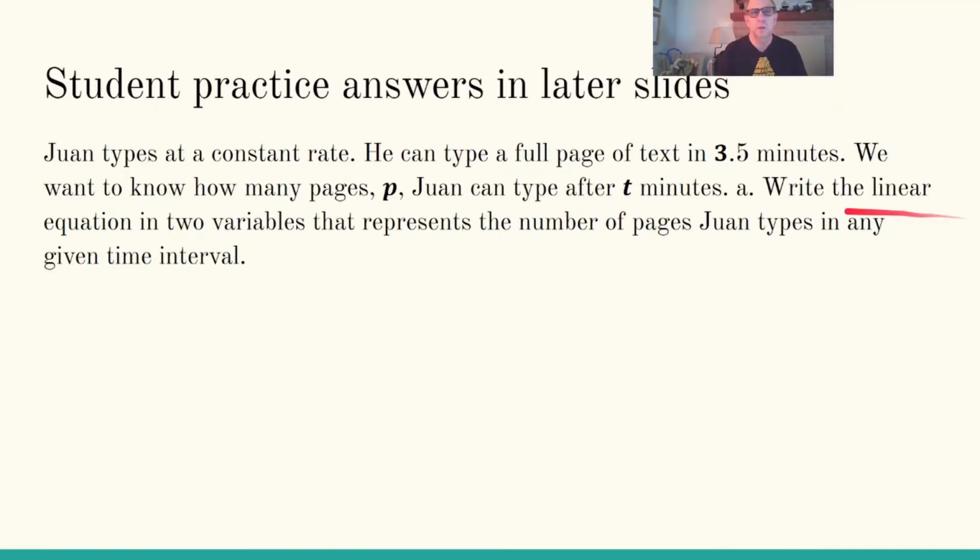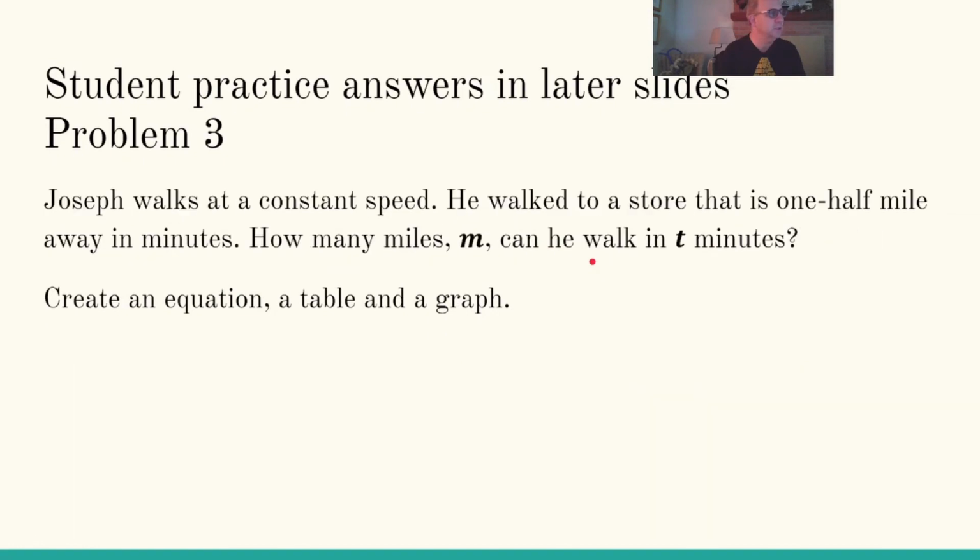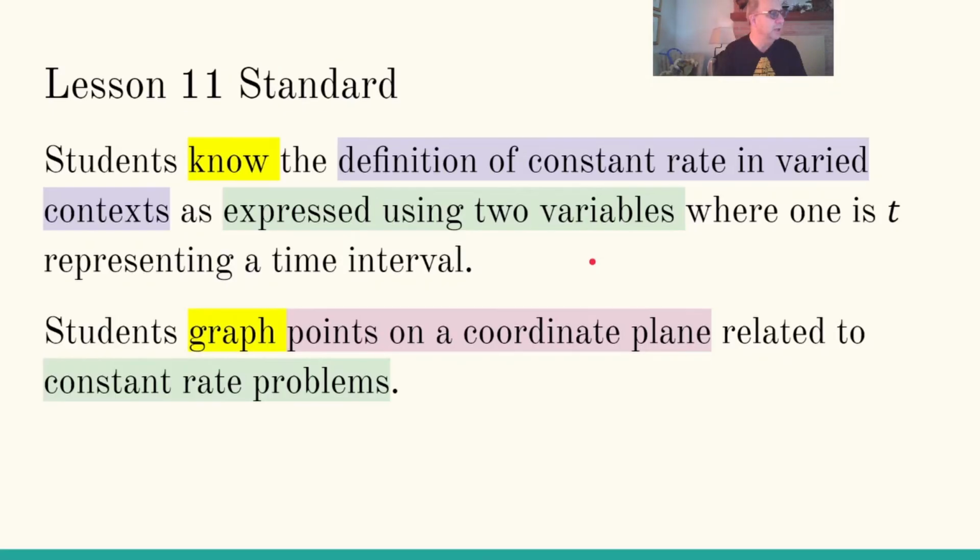Lesson 11 practice. Answers will be later in the slide deck if you want to look at the answers. So in lesson 11, we know that the definition of constant rate varies in context. The constant rate can be different for each problem, but it's expressed as two variables, y divided by x, or y divided by time, or distance divided by time.